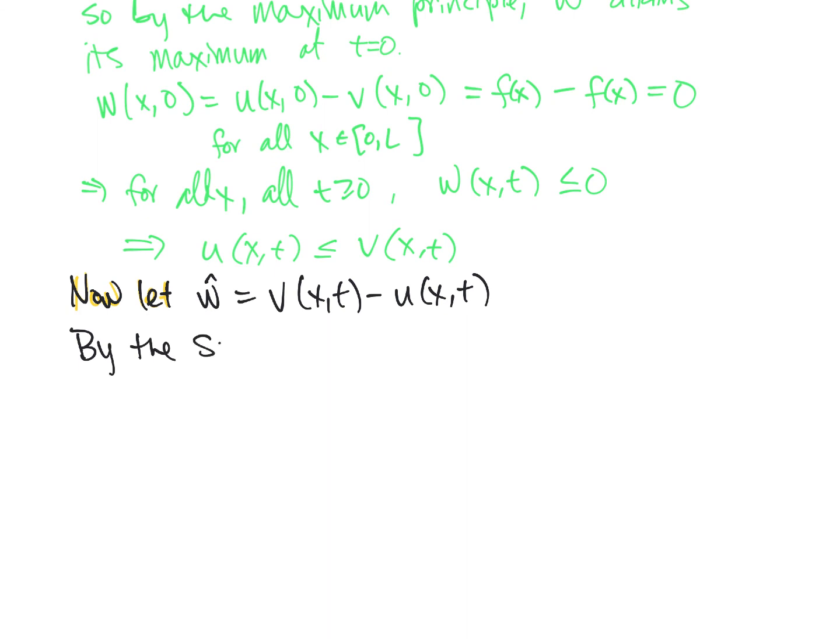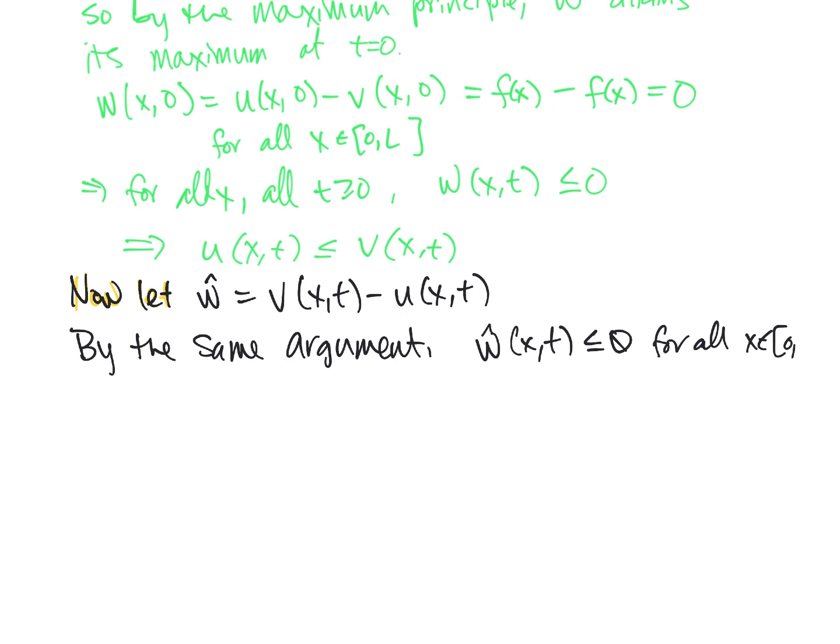So by the same argument, we find that w hat of x,t is less than or equal to 0 for all x and t. So that means that v of x,t is now going to be less than or equal to u of x,t for all x and t.